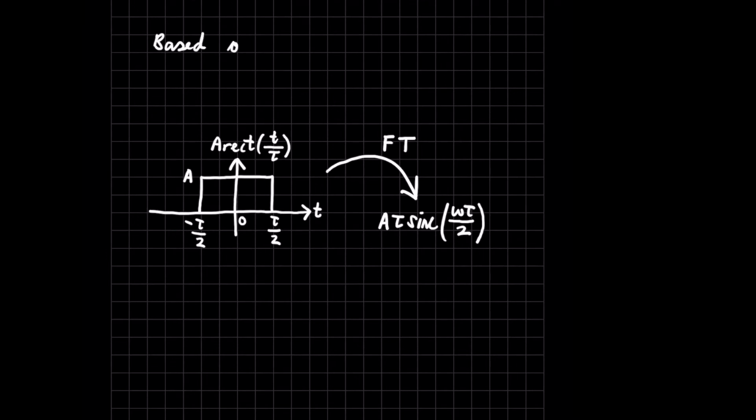The rectangular signal is actually one of the signals that can be found in the Fourier transform pairs.